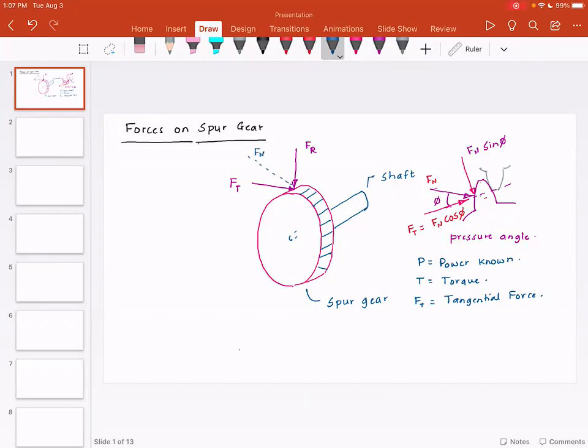Now, why are these forces required? For this, I want you to think about the gear problem in terms of shaft design. So here is a scenario. The gear is designed, and we want to design the shaft. So, shaft design.